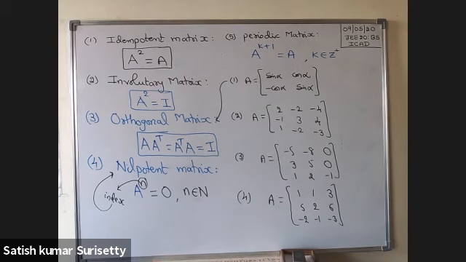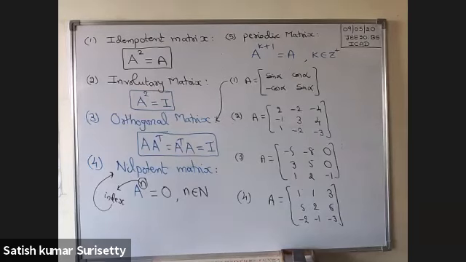Again calculate A square. Second problem. Check properly. Don't calculate with one or two elements. Don't conclude from one element. You have to calculate all.